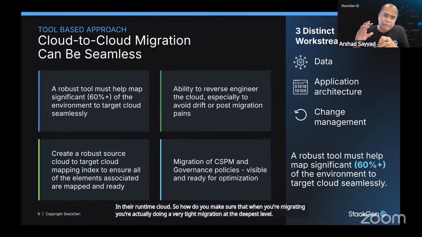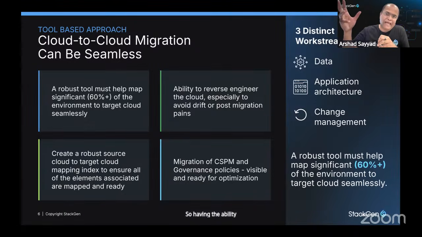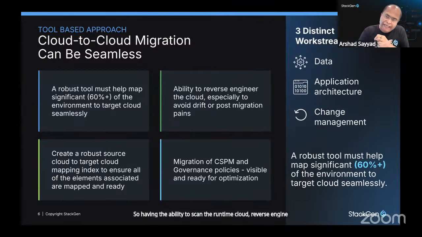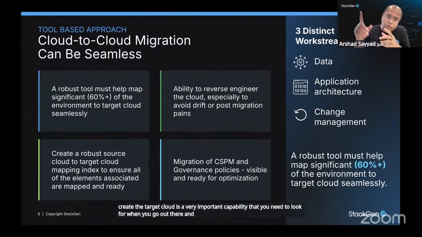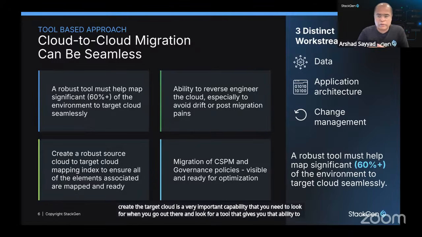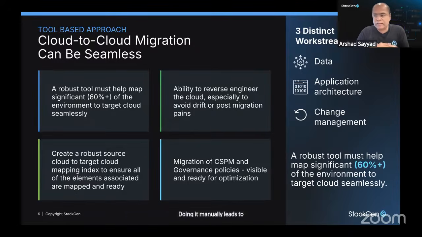Having the ability to scan the runtime cloud, reverse engineer, and then create the target cloud is a very important capability to look for when you go out and look for a tool that gives you the ability to migrate from one cloud to the other. Doing it manually leads to significant errors and misses across the board.